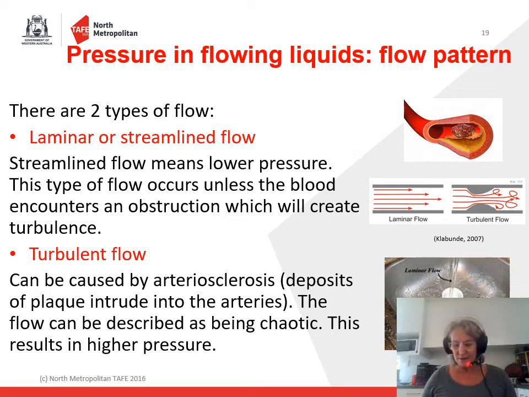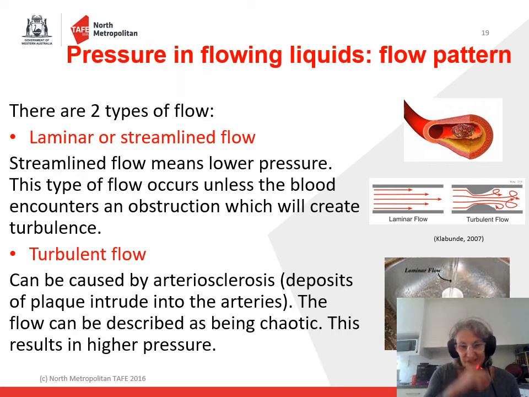The one-way valve actually moves fluid through it. So with streamlined flow, you've got lower pressure in our lymphatic system. We have a much lower pressure. The squeezing of our muscles tends to push that liquid forward, and breathing, changing our pressure in our lungs, pulls it forward. So a streamlined flow, you've got lower pressure.